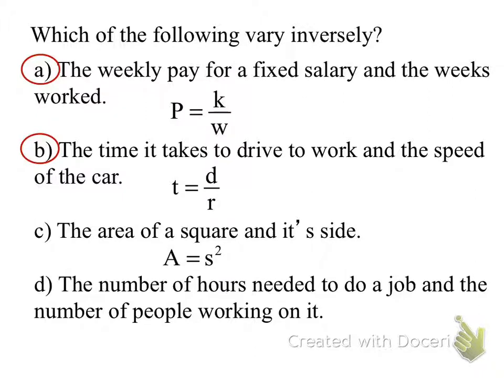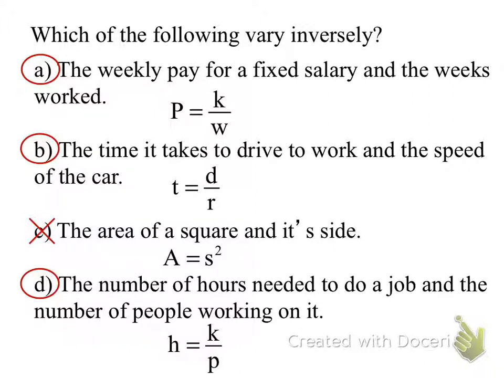The number of hours needed to do a job and the number of people working. It's inverse. The more people you have, the less. Right, exactly. So we're doing hours to people. You have to be able to write that, and know where the H and where the P goes.